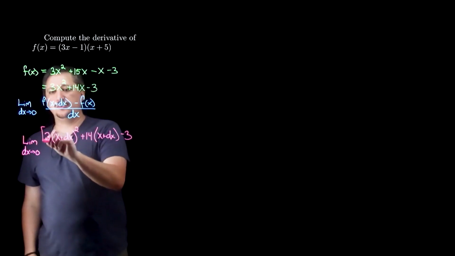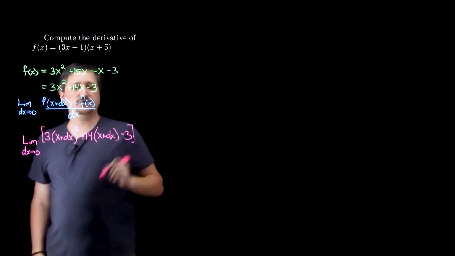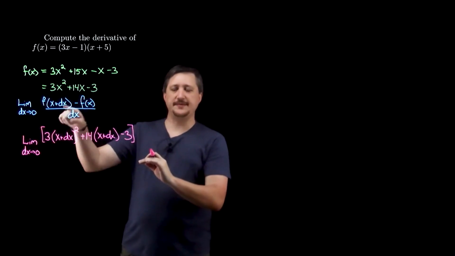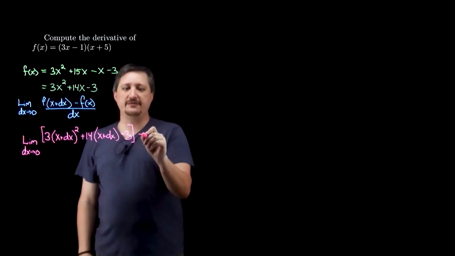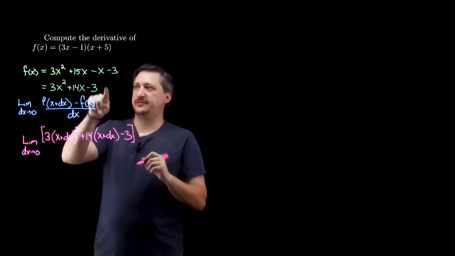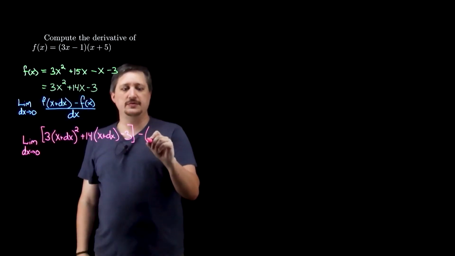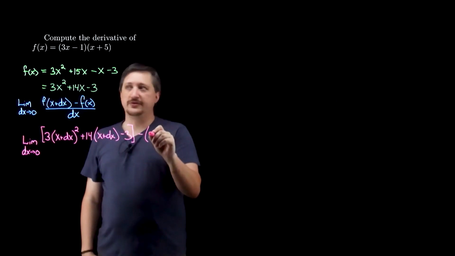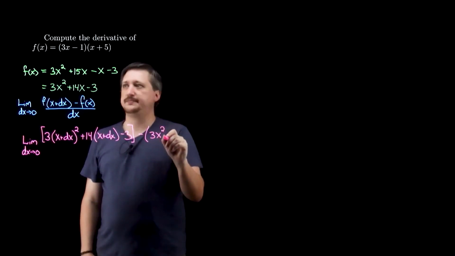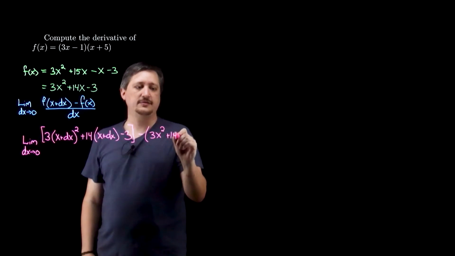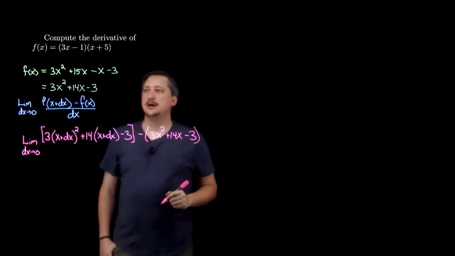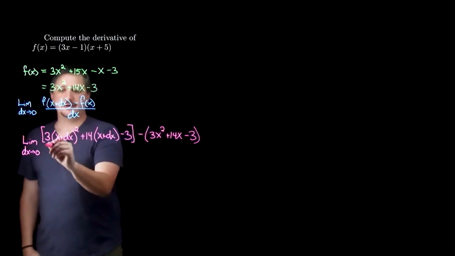You don't need the brackets, but I'm putting them here so you can see this is f of x plus dx. Then I have to subtract f of x, which is this right here. Here you definitely want parentheses, so you remember to expand the negative: 3x squared plus 14x minus 3. And all of this is over dx.